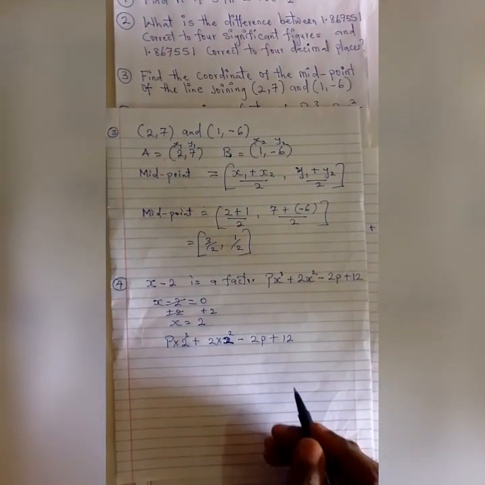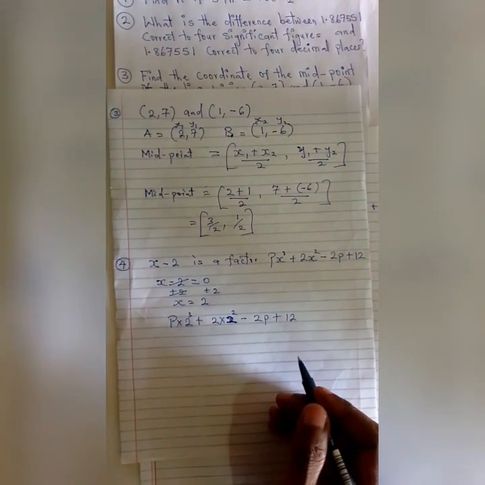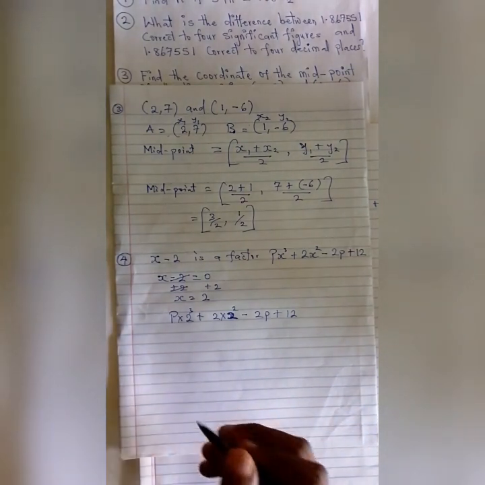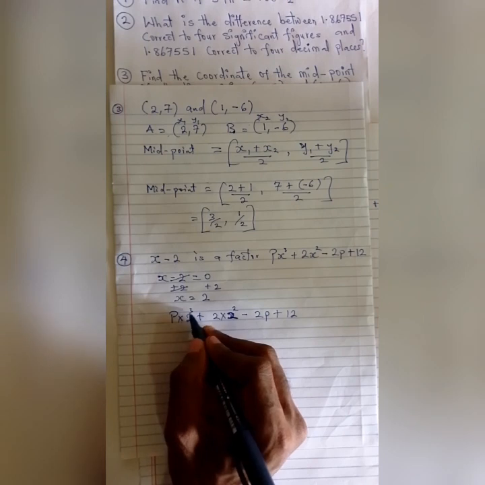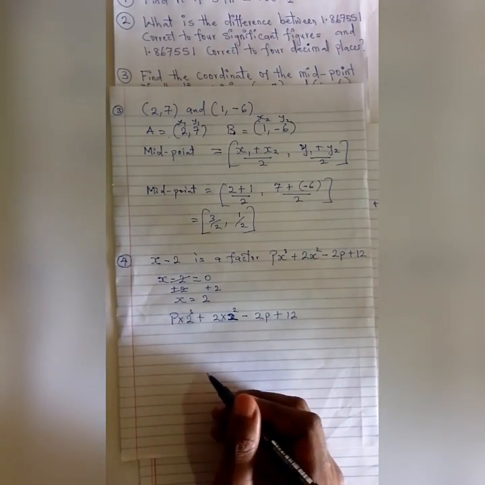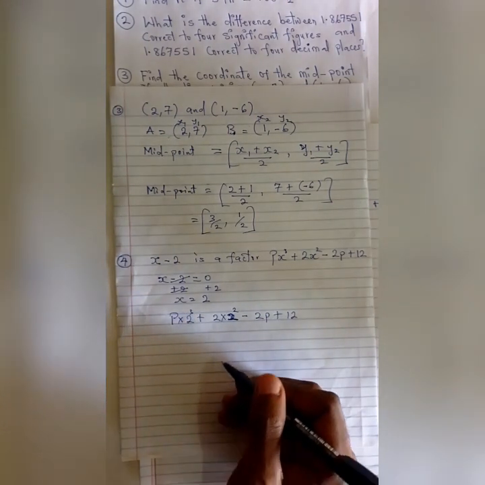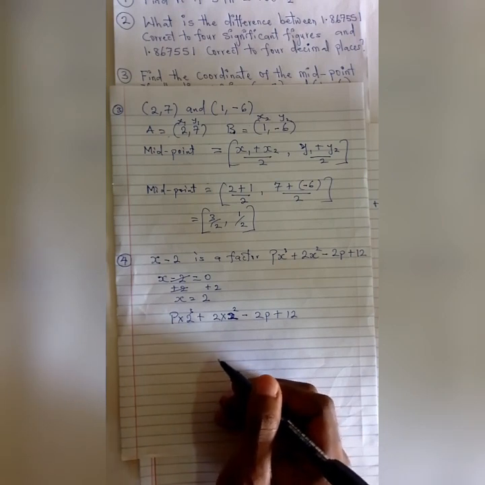Now, 2 raised to power 3 is 2 times 2 times 2. So 2 times 2 is 4, 4 times 2 is 8.